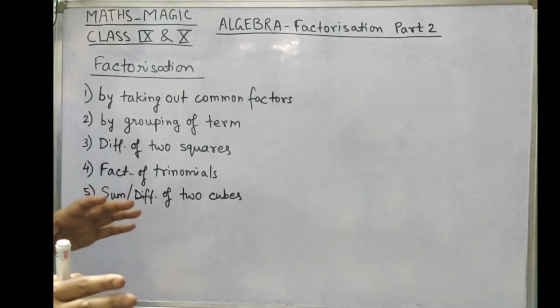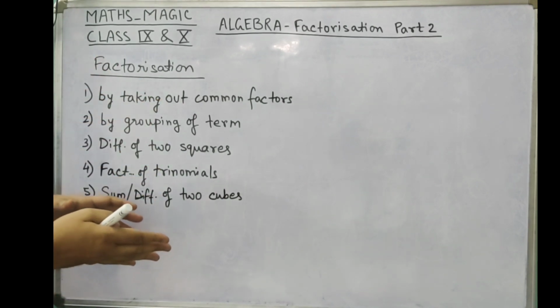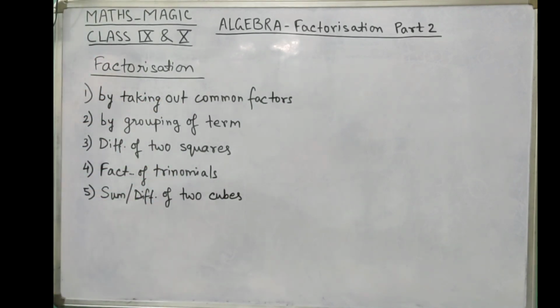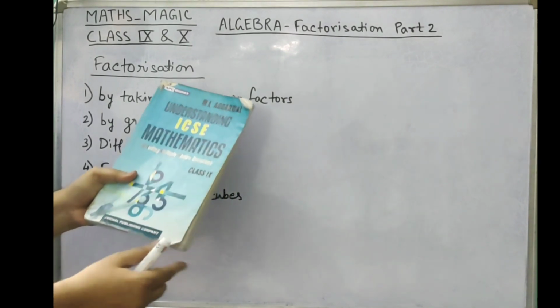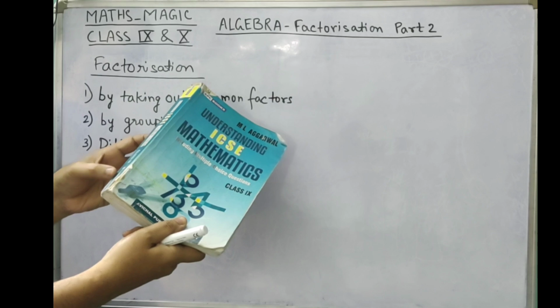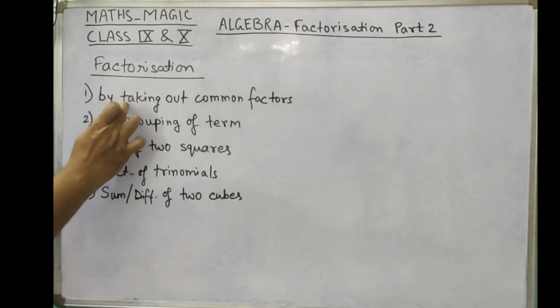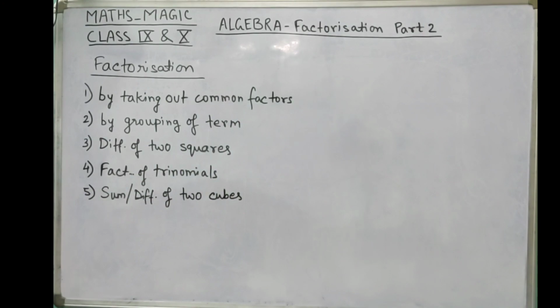So we are going to do sums for each of these categories, and the book which we are following is ICSE Mathematics, class 9, ML Agarwal. Okay, so we are going to do exercise 4.1 for the first one, by taking out common factors.